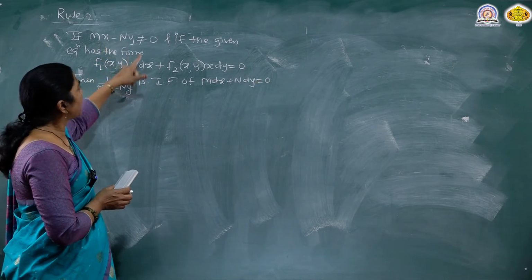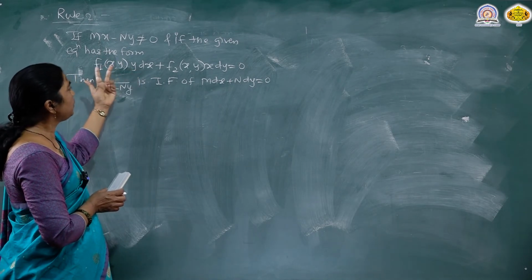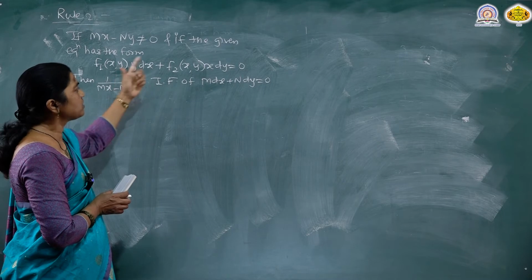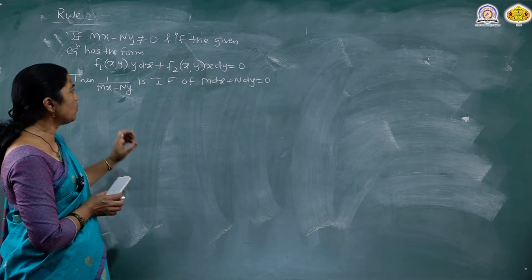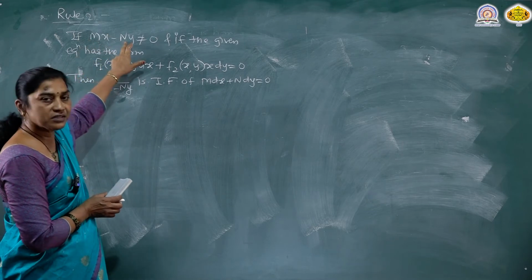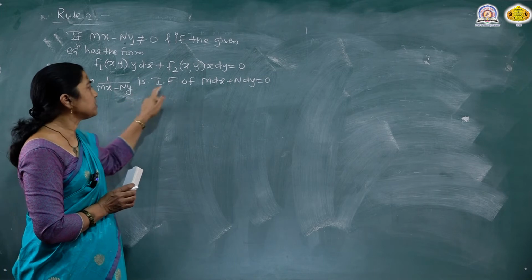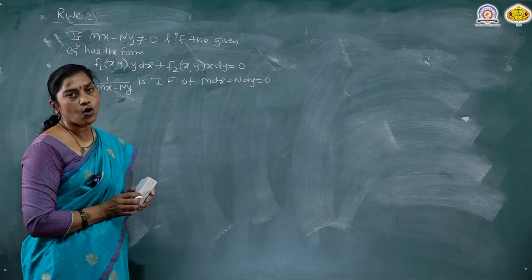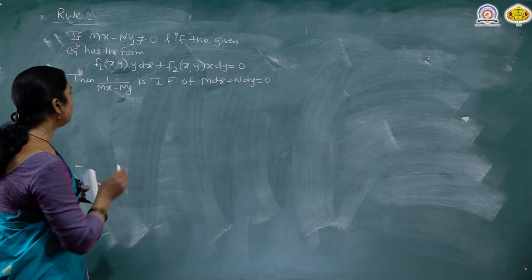So if the given equation has this form, that is y into some function of xy dx plus x into some function of xy dy equal to 0, and if Mx minus Ny is not equal to 0, then 1 upon Mx minus Ny is an integrating factor of the equation M dx plus N dy equal to 0.